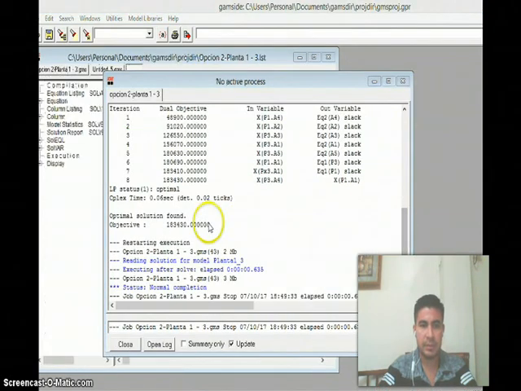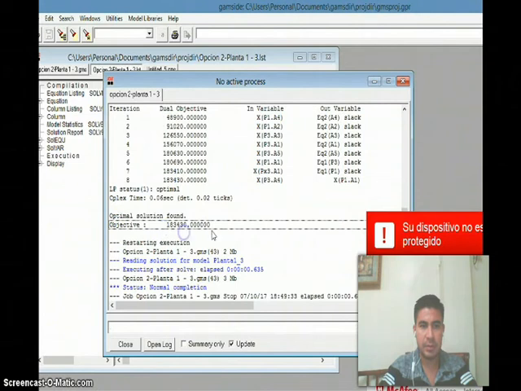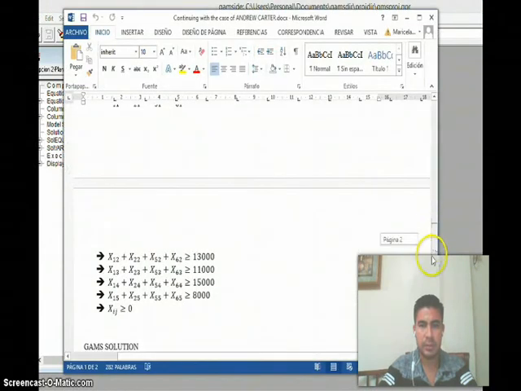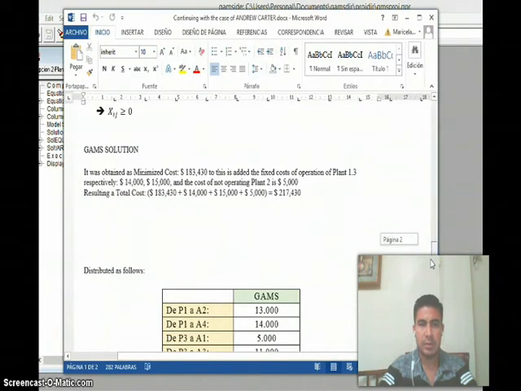The objective function is this, and the result is what we should obtain as the minimization cost.